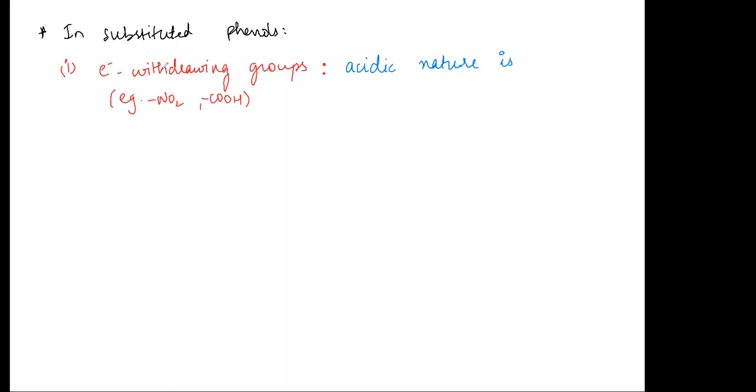Correct. So electron withdrawing groups are going to pull electrons away, which again increases the polarity of the OH bond. So acidic nature is increased. And this is observed especially in ortho and para positions.